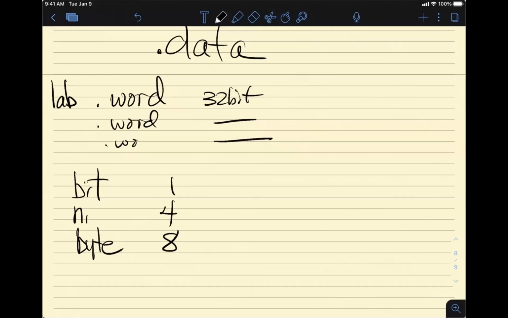Nibble. Okay, there's also a word for 3. Oh, I should know this. An octet. It's not an octet. That's an 8, right? Yep, right, because 3 bits makes 2 to the 8th.